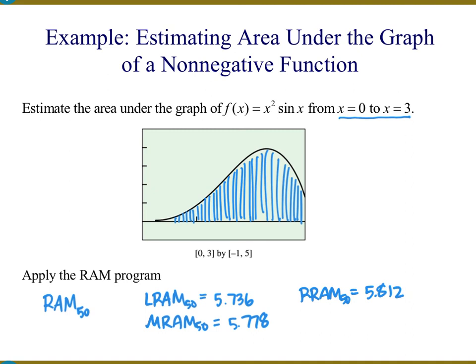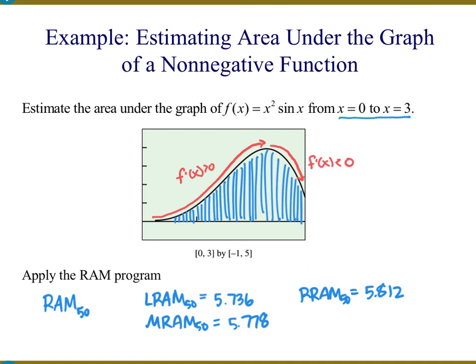We've got most of the function is an increasing function. So f prime of x is greater than 0 for a majority of the function, and for about a third of the function, f prime of x is less than 0. It's a decreasing function. So we're going to say for the majority, for the increasing, that the left would be an under and the right would be an over.